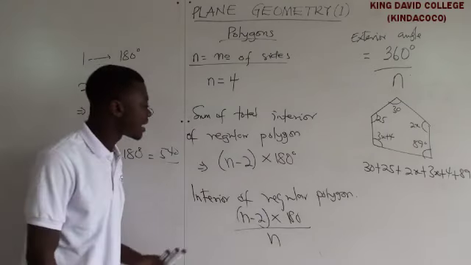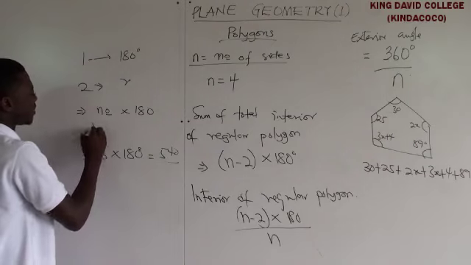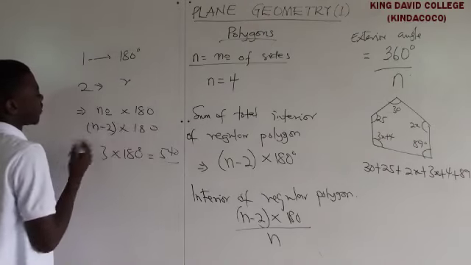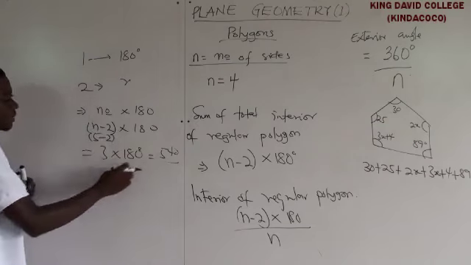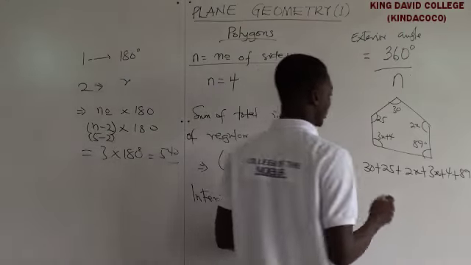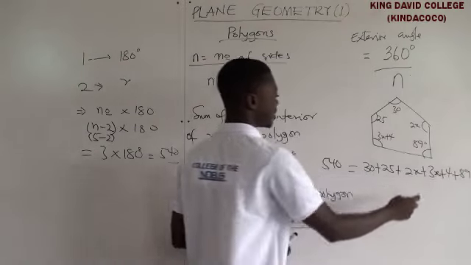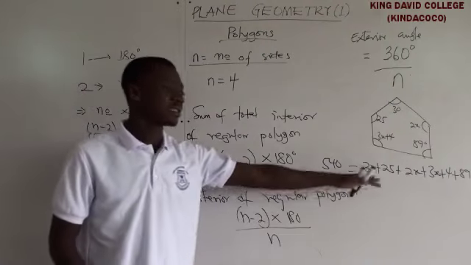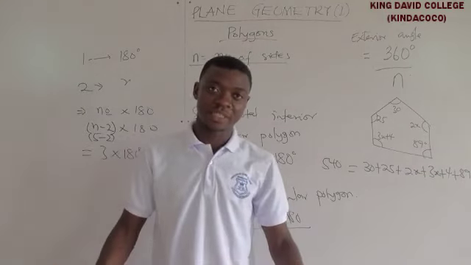So for a 5-sided figure, it's supposed to be n minus 2 times 180. So 5-sided will be 5 minus 2, which is 3 times 180. So then this is going to be equated to 540. So eventually you can just sum the x's, then you can make x the subject. It's not difficult at all.